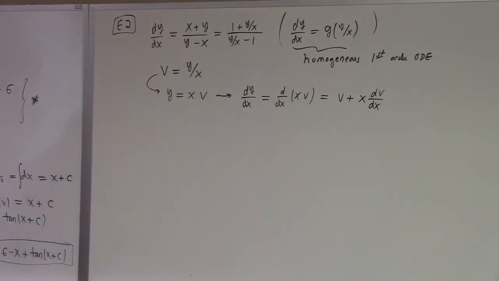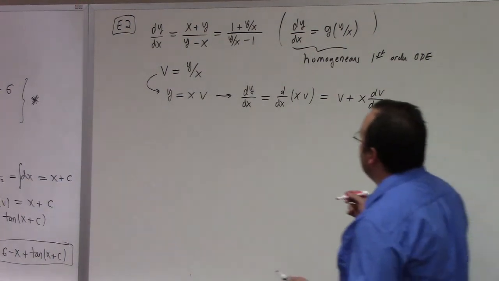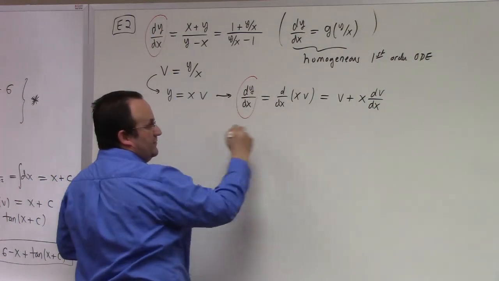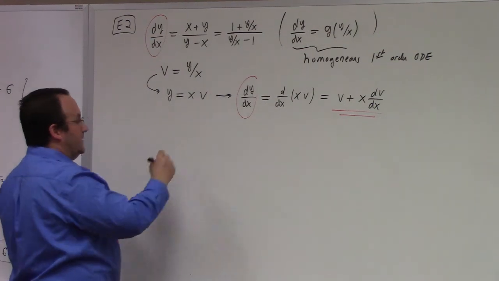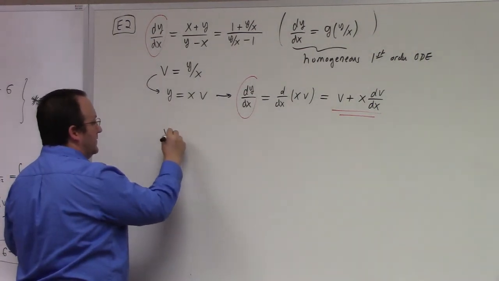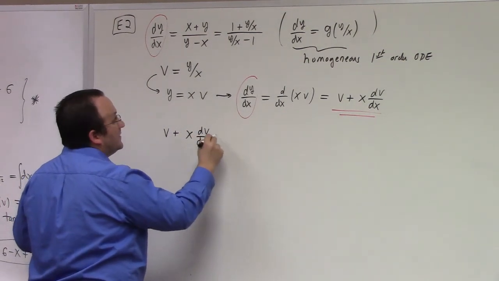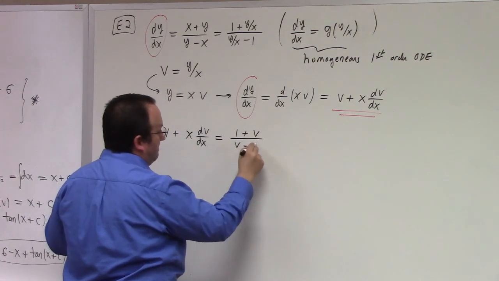So now I can go back up here and take this and replace it with that. And this gives me v plus x dv/dx is equal to (1 plus v) over (v minus 1), yeah?